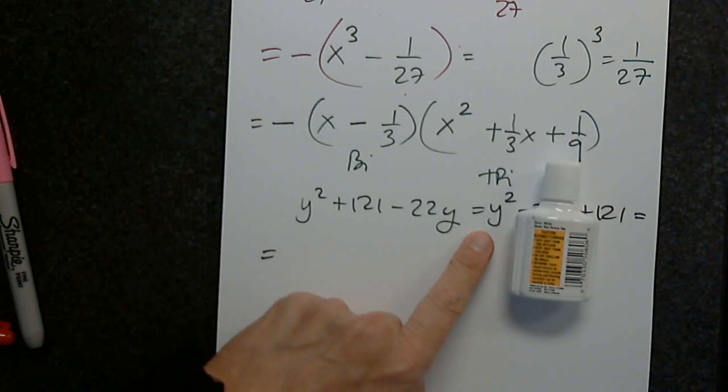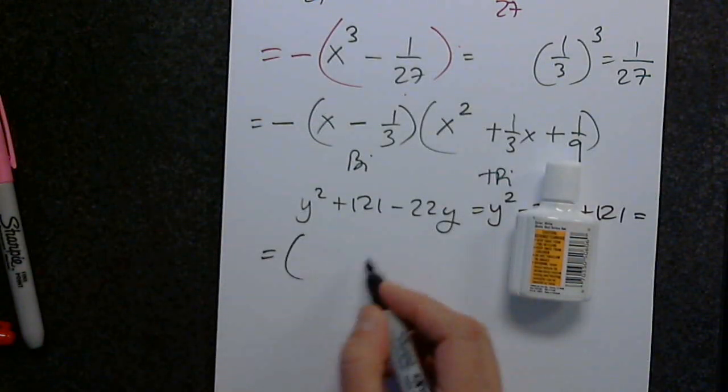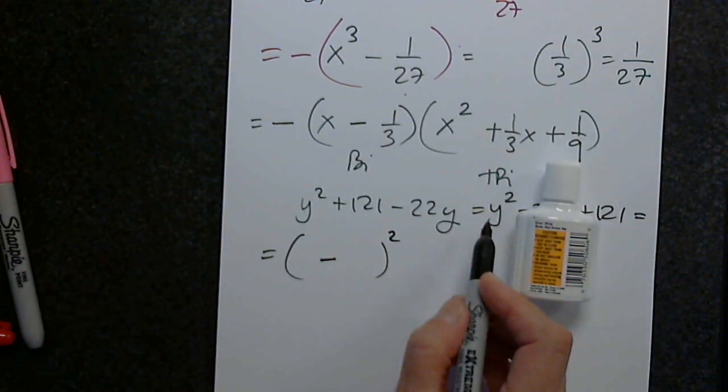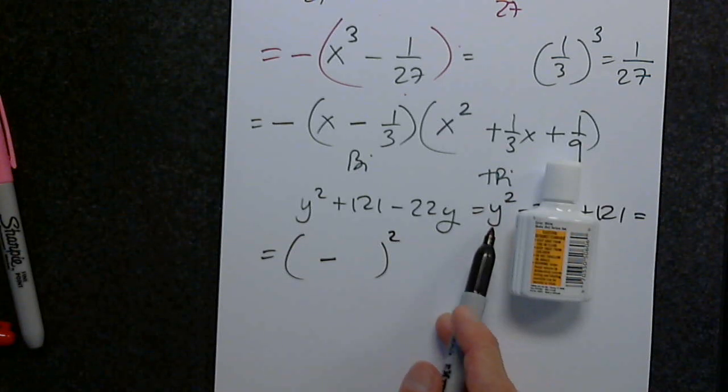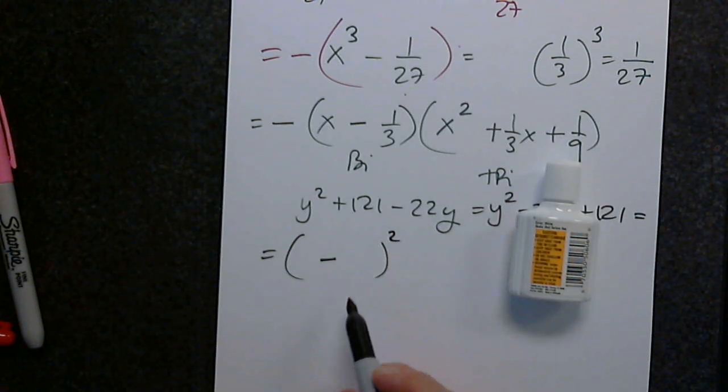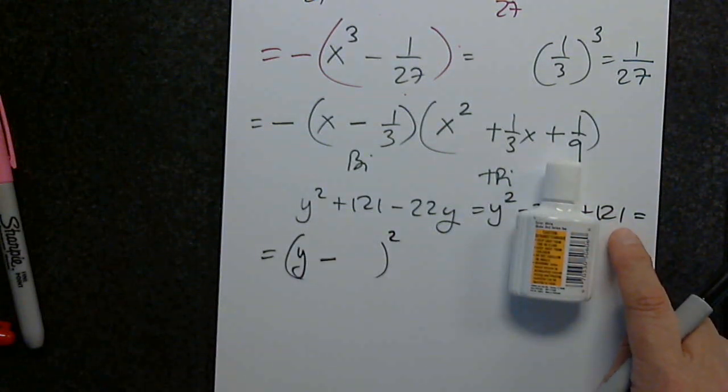if this is a perfect square. Is it a perfect square? So I expect something like this with minus. Is this a perfect square? What do I square to get y squared? Good. Is this a perfect square? Yes. What do I square to get 121? Good.